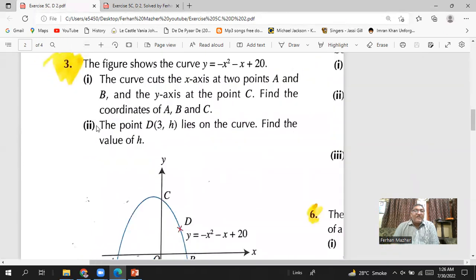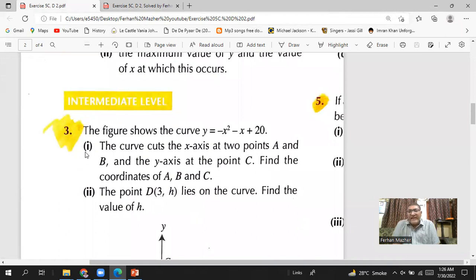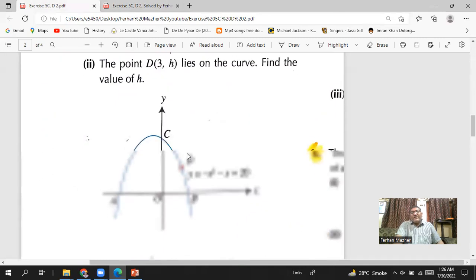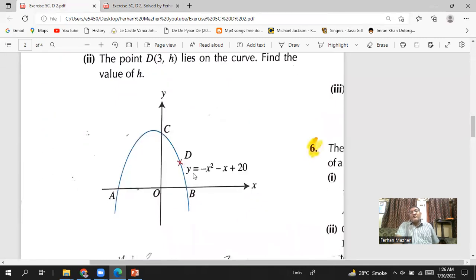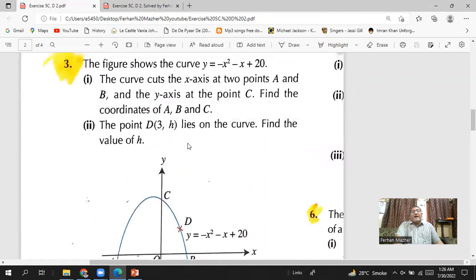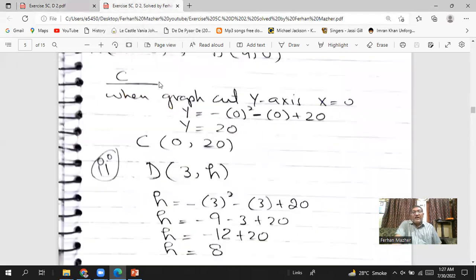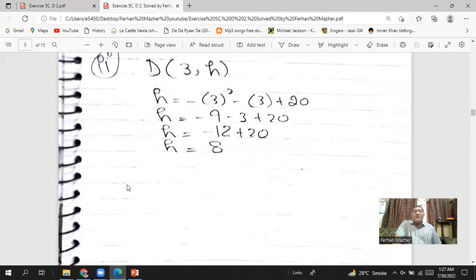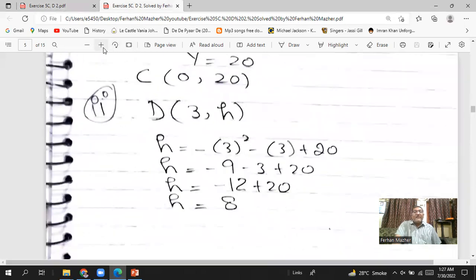The next question they are asking is the point D, which is 3 comma h, lies on the curve. Find the value of h. If the point D lies on this curve, then in this equation I will substitute x with 3 and y with h. You can see here, I have done that.